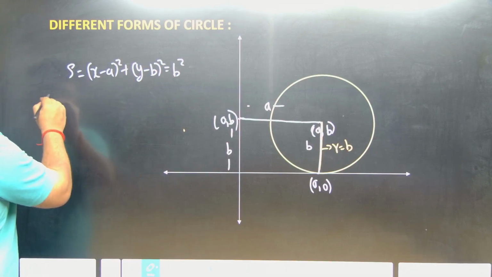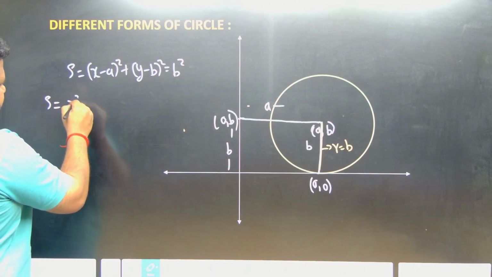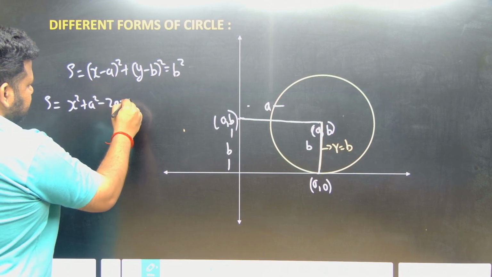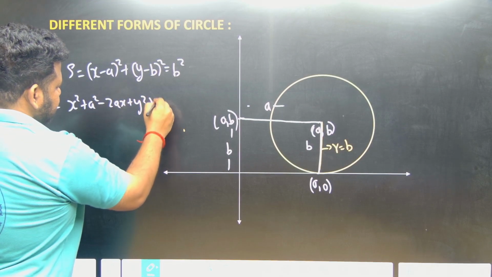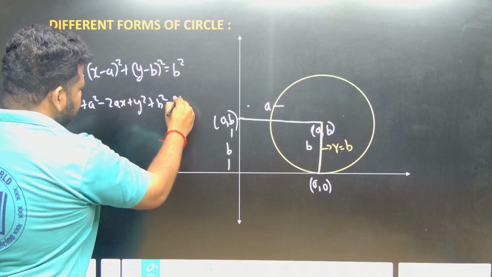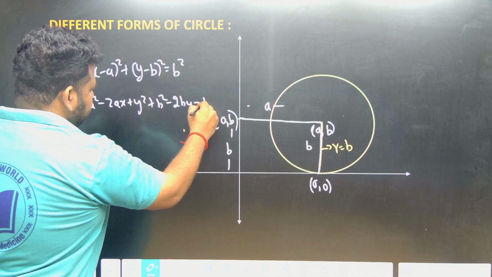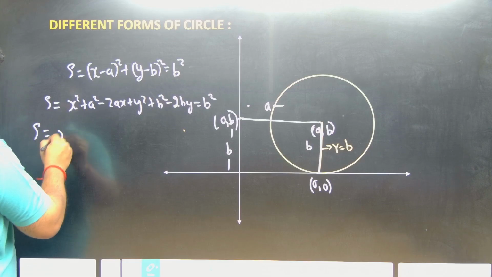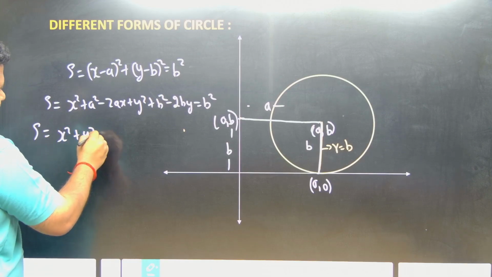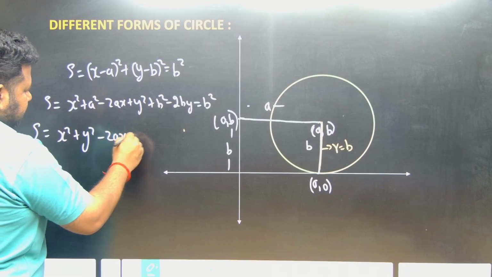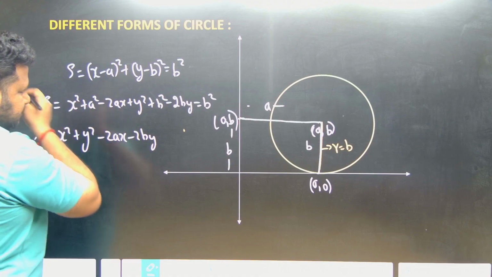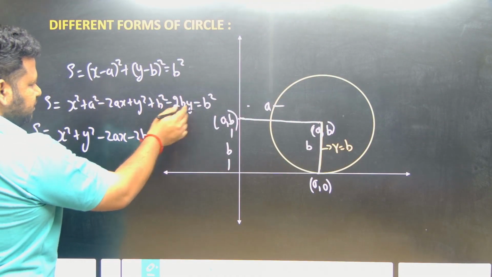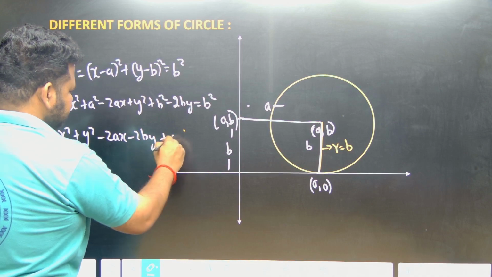So, what will be the equation of the circle if I simplify? This will be x square plus a square minus 2ax plus y square plus b square minus 2by is equal to b square. Now, s will be equal to x square plus y square minus 2ax minus 2by plus a square equal to 0, as b square, if I bring it to this side, cancels out.